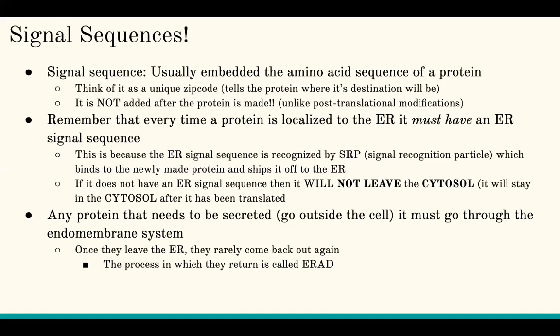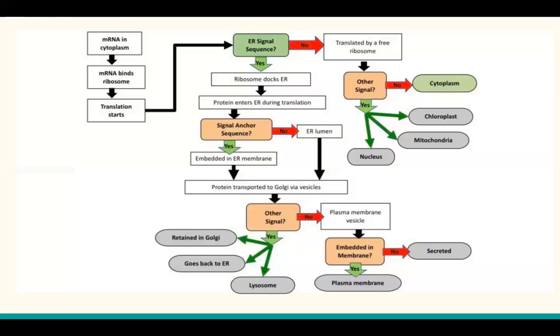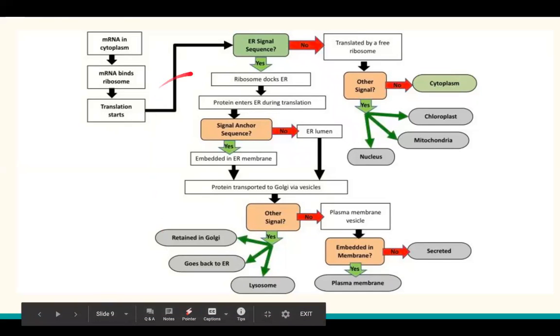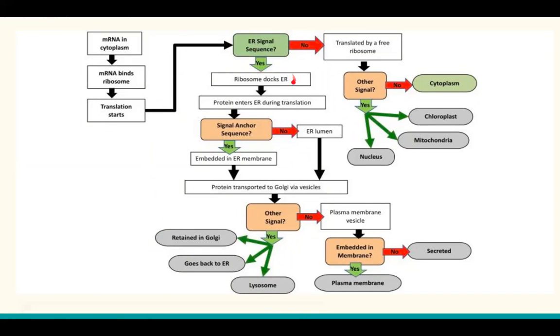Okay. I just want to shout out Tiffany from Discord because she found this great image, which I used for Bio 151. It's a flow chart of signal sequences. You can see here, if a protein has an ER signal sequence, the ribosome will dock to the ER, and the protein goes through the ER.